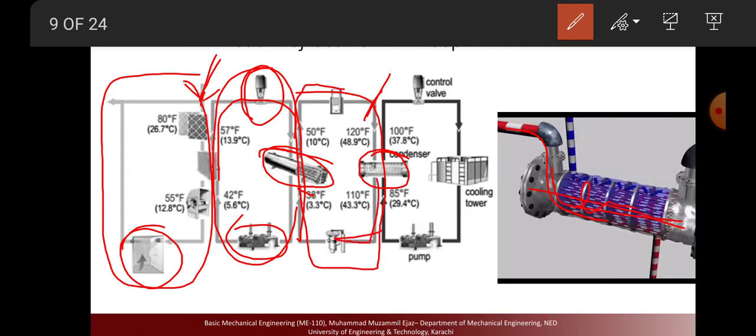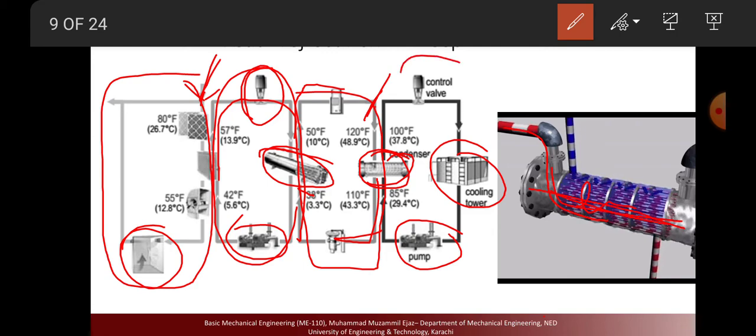This is a shell and tube heat exchanger, we can say. The water which cools the refrigerant gets heated itself, and is then cooled down by this cooling tower, with water circulated by the pump with the control valve.